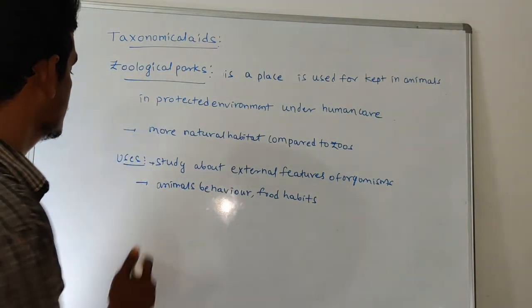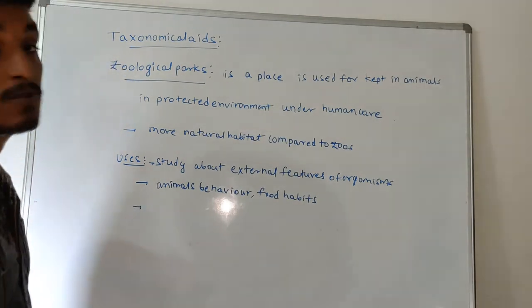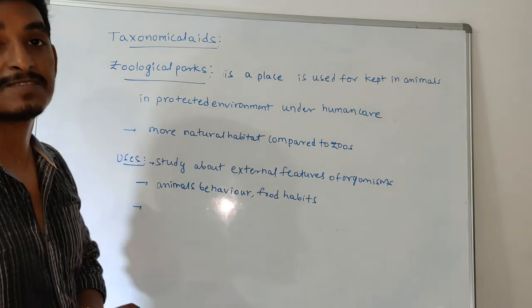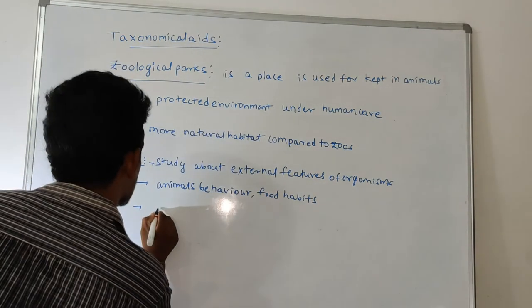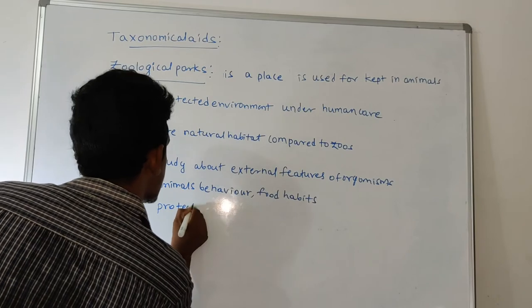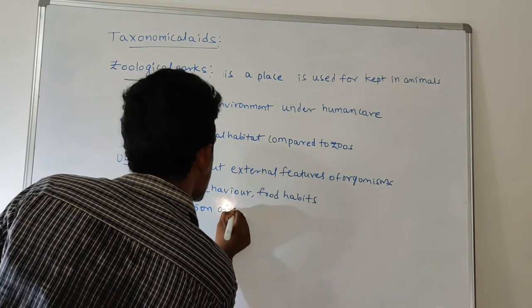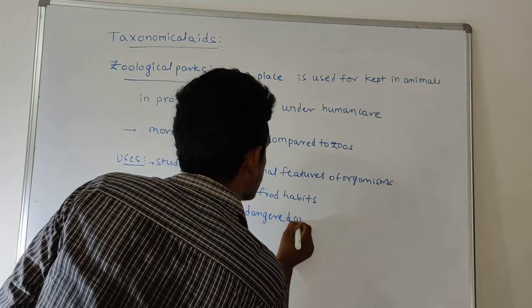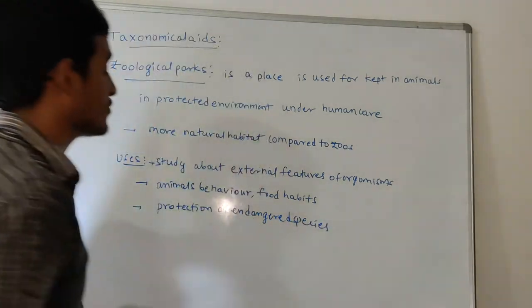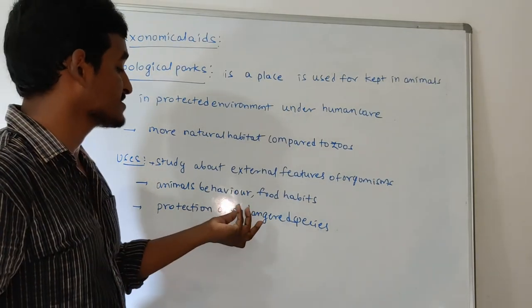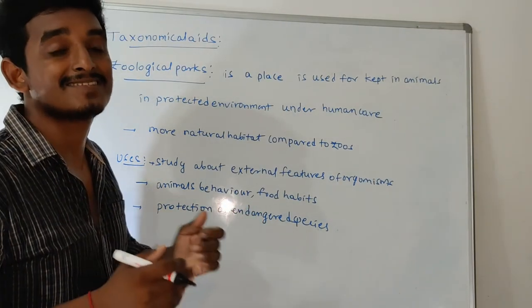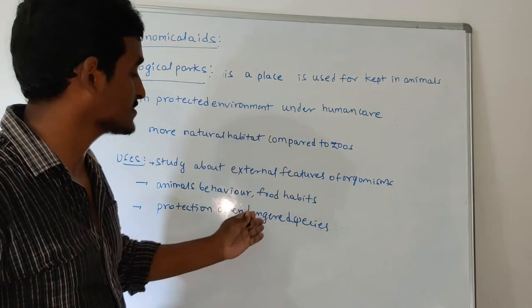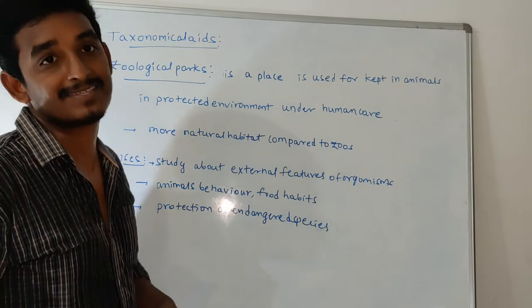Another main use of zoological parks is protection of endangered species. Endangered species are those that are very few in number and may become extinct. We should protect them, otherwise they may become extinct.